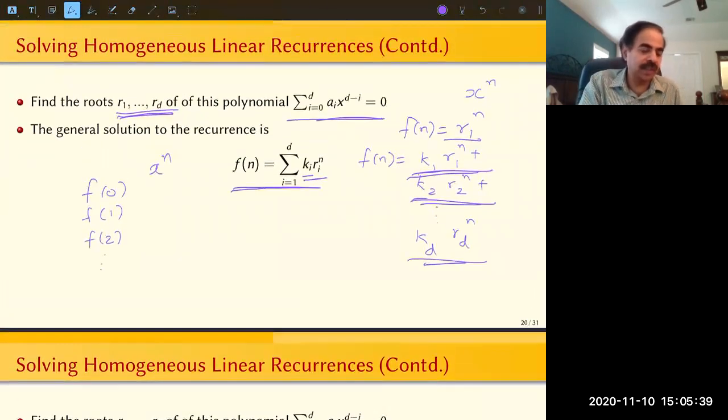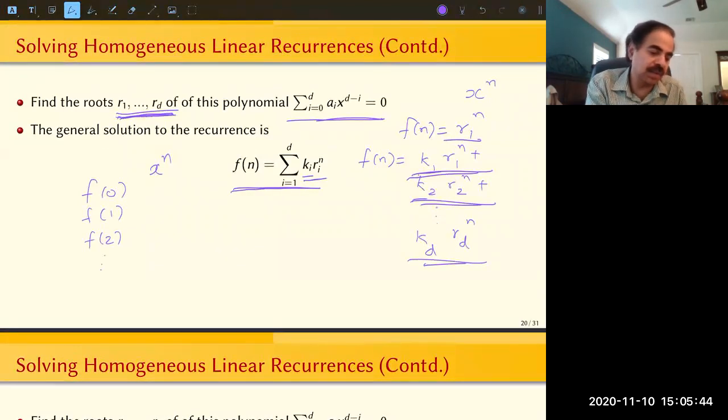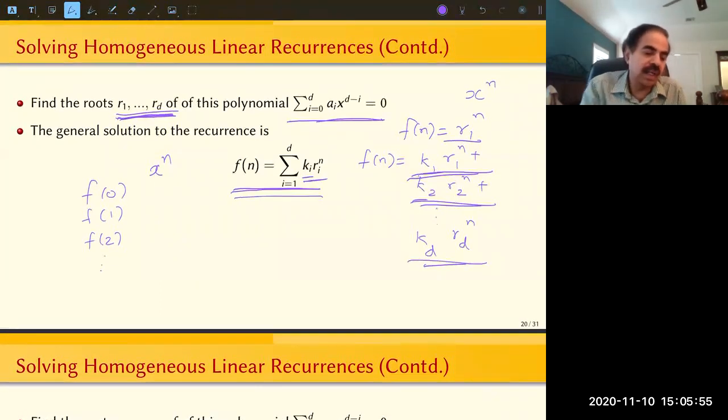And once you find these roots of this equation, or this polynomial, then you write down the general form of the solution like this. We were solving for x to the power n, and so we got many roots r1 through rd.